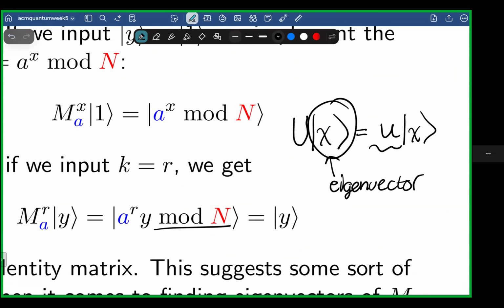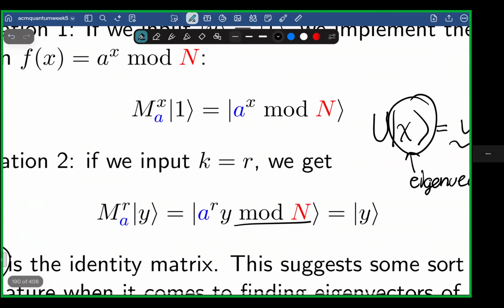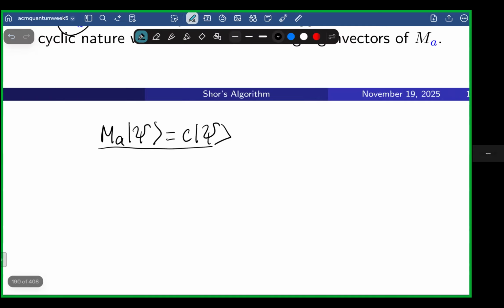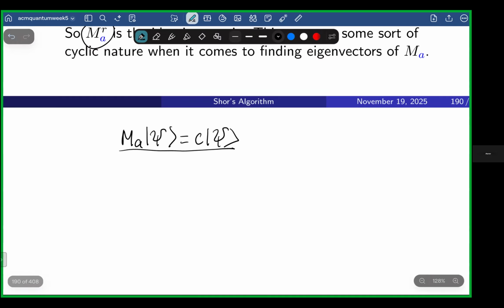More concretely, when we want to find the eigenvectors of MA, we're finding some psi and some constant that satisfy this equation: when you take MA and multiply it by psi, you get some constant times psi back. We'll go over why this is important for the big picture.